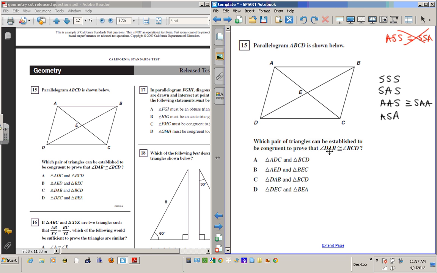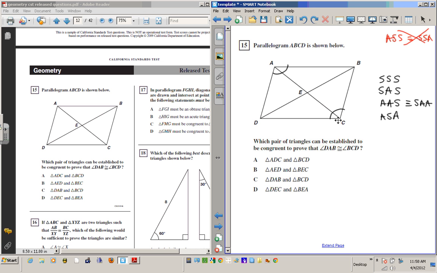To prove that angle DAB is congruent to angle BCD, we notice that this angle right here is part of this triangle, and this angle right here is part of this triangle. If we can show that these two triangles are congruent, then I think that should suffice.